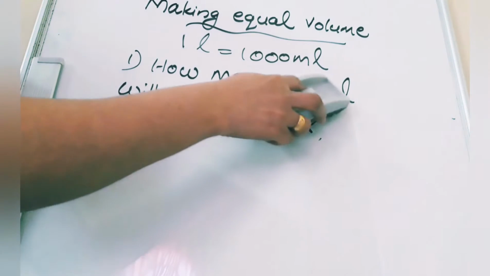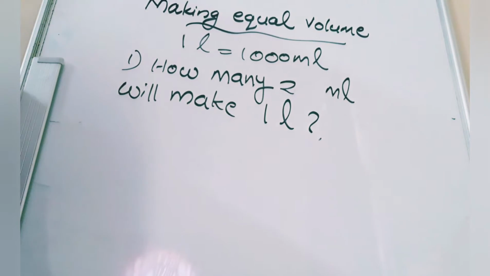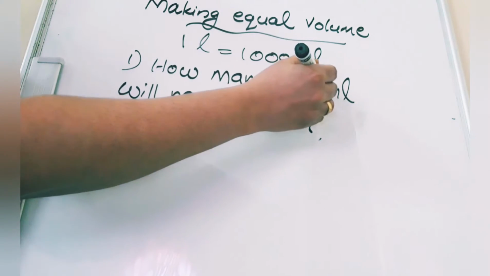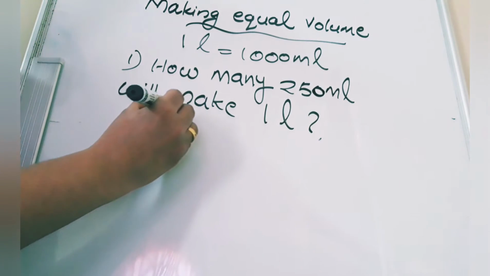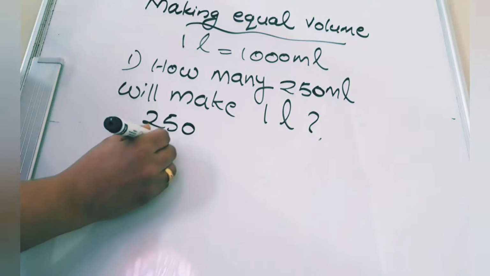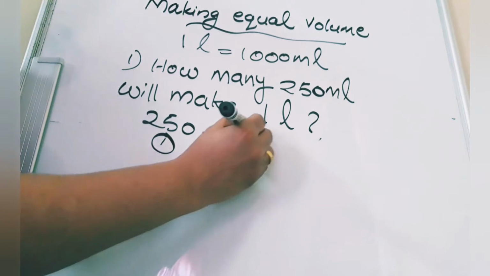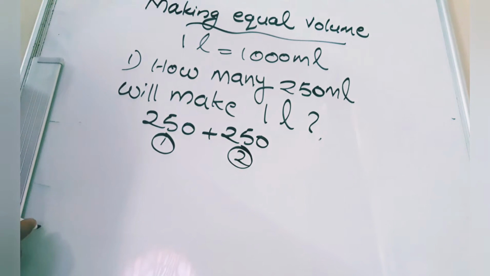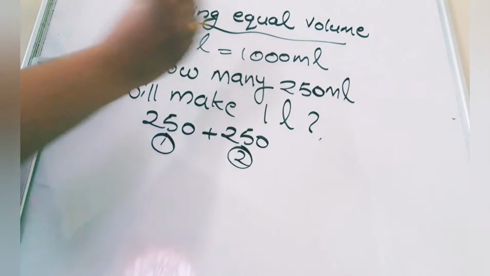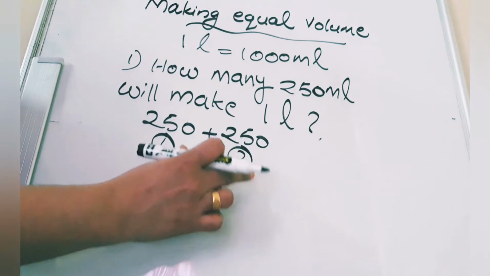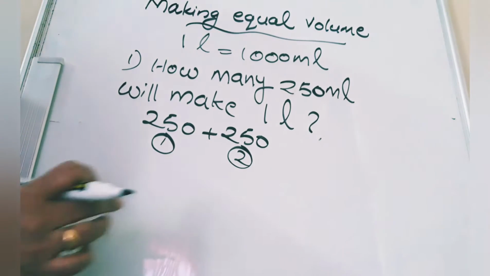How many 250 ml? Instead of 200 I am giving 250. So 250 one time you write. Then second time, 250 plus 250, only 500 we got. We should get 1000. Those who are not able to do it in the mind, just do it in the working column: 250 plus 250 is 500 ml.